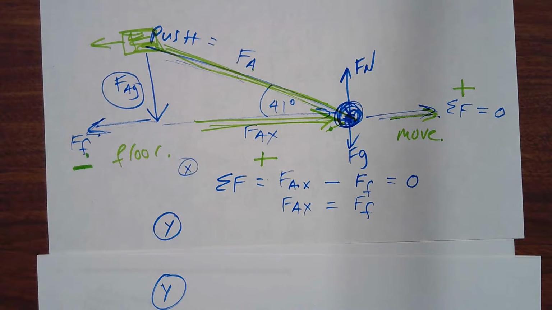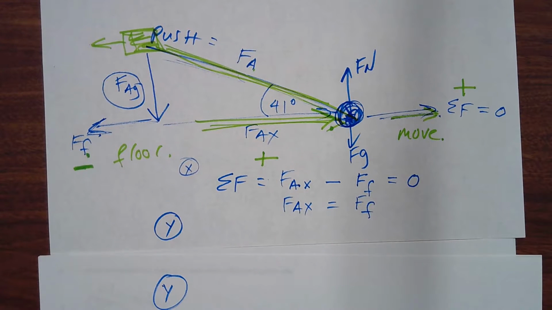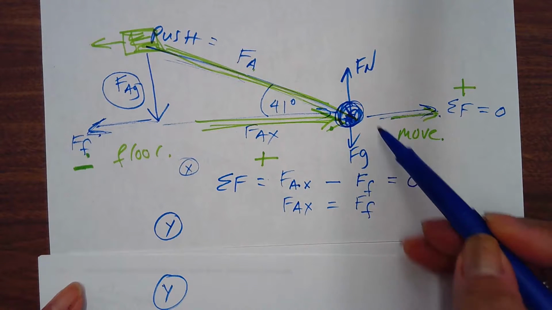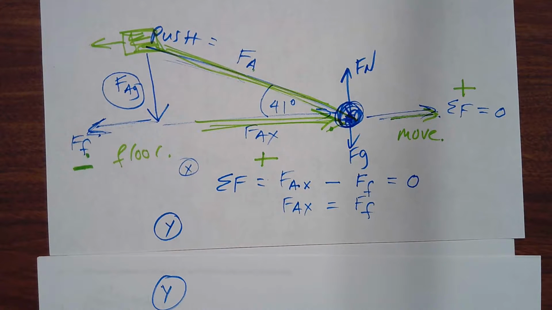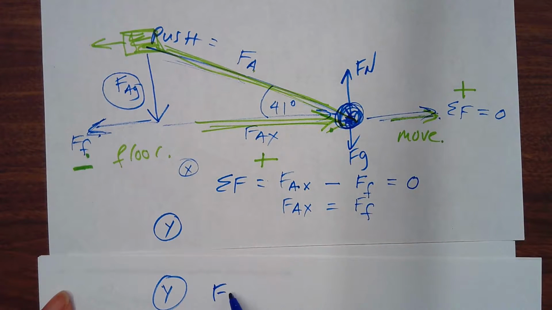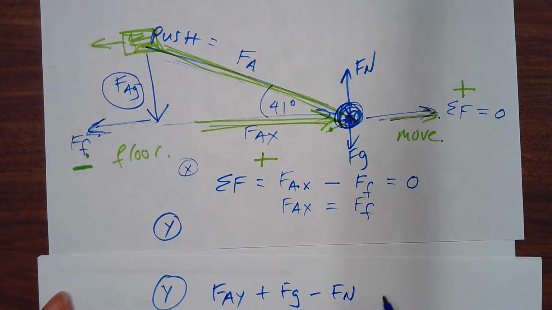So, what are the forces in the y direction? Fg, Fn, and Fay. Fay is also there. Right? So I'm going to just combine these. So this will be Fay plus Fg minus Fn equals 0.